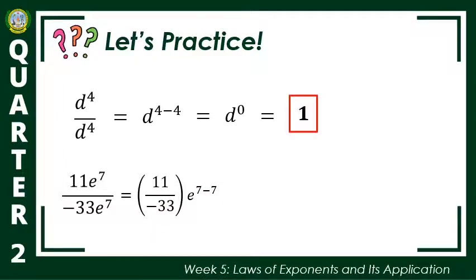So, ang GCF po ng 11 at 33 ay 11. So, divide natin. 11 divided by 11 is 1, and 33 divided by 11 is 3. So, that's negative 1/3 na. Kasi 1 divided by negative 3 is negative 1/3. And then e raised to 7 minus 7 will become e raised to 0. So, simplifying the answer, so e raised to 0 again is 1.